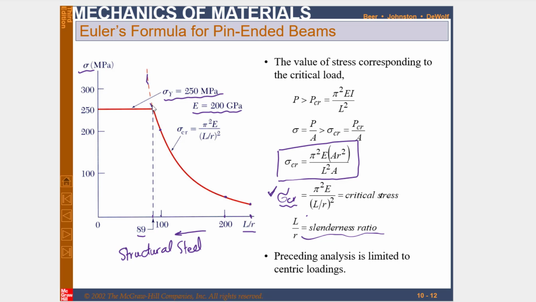But on the other side, you can see that the yield strength of the steel structure is 250 megapascal, and your critical stress is exceeding this yield strength. This horizontal line shows you the level of the yield strength for structural steel, and at this value of slenderness ratio you can see the stress is increasing.